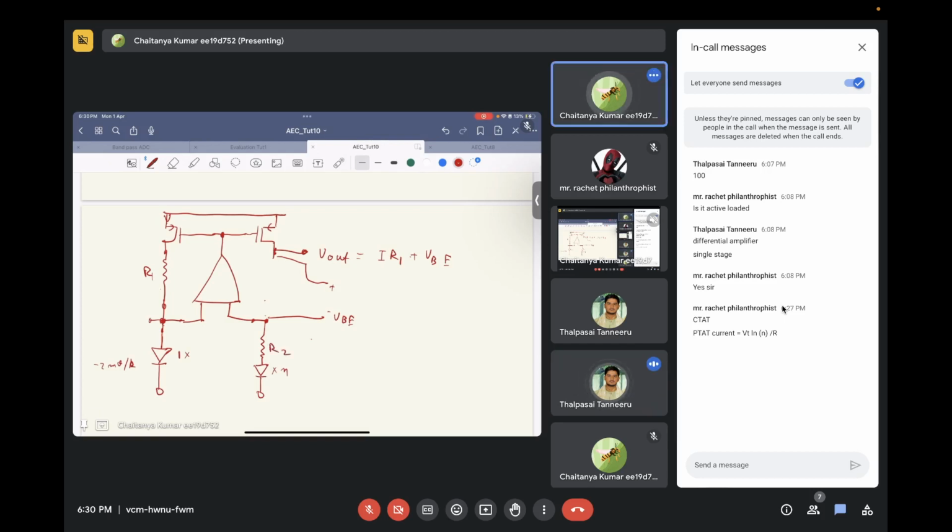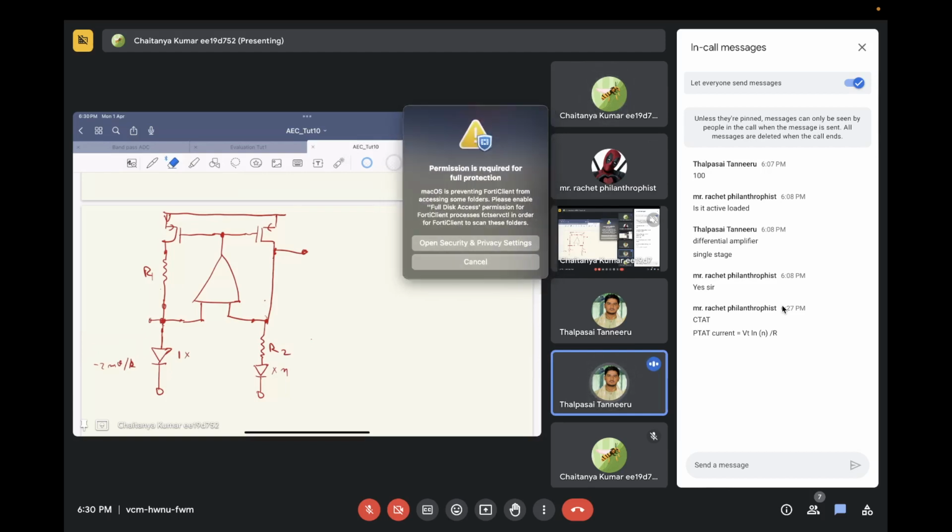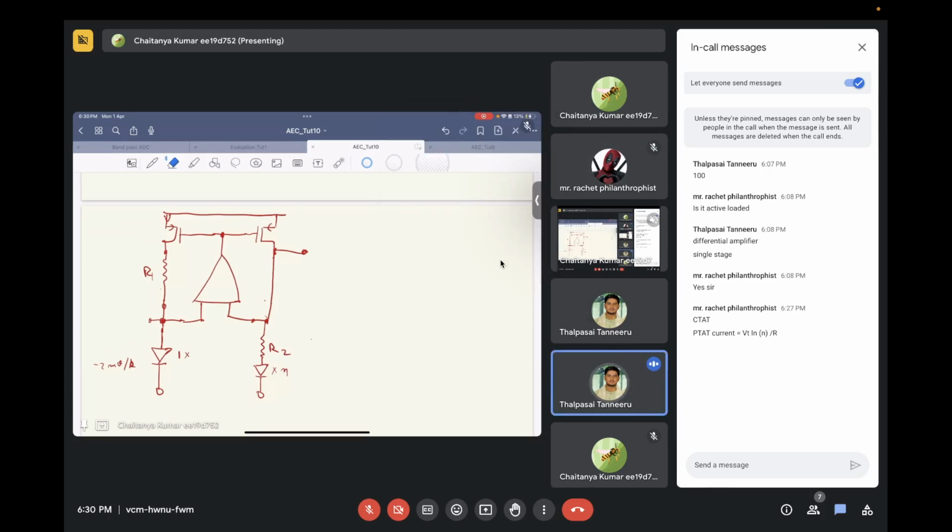So this is R2, and this is connected like this. And where do we take the output? Drain side, sir. Which drain? PMOS, and this is M1, M2. Yes.